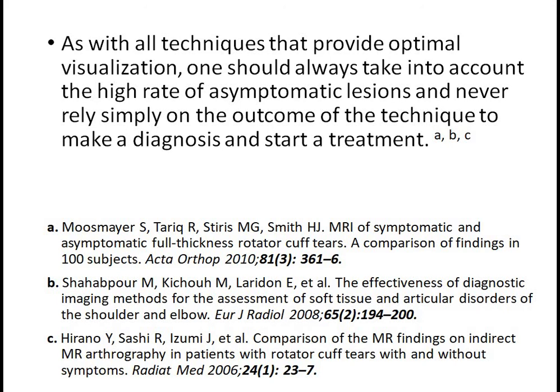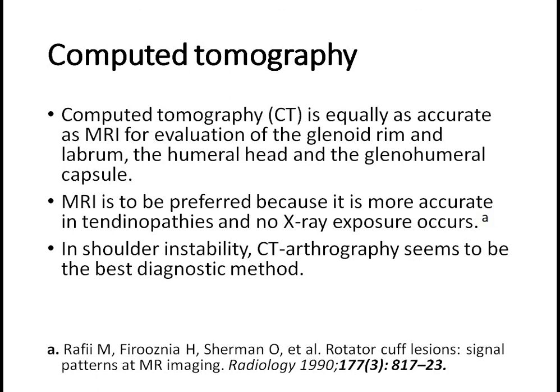The second last technical investigation is the computed tomography or CT scan. The CT scan is equally as accurate as MRI for the evaluation of the glenoid rim and labrum, the humeral head and the glenohumeral capsule, but the disadvantage of the CT scan compared with the MRI is the exposure to X-rays.